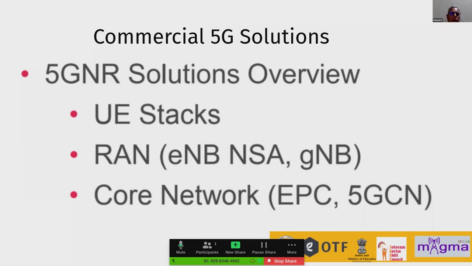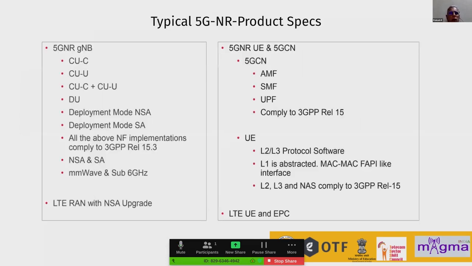For the commercial 5G solutions, typical 5G NR product specs, you'll find that the UE has L2, L3 protocol software. It has L1 abstracted with MAC and FAPI, which is like an interface for the dual connectivity, etc., and cellular, that is for the microcell.